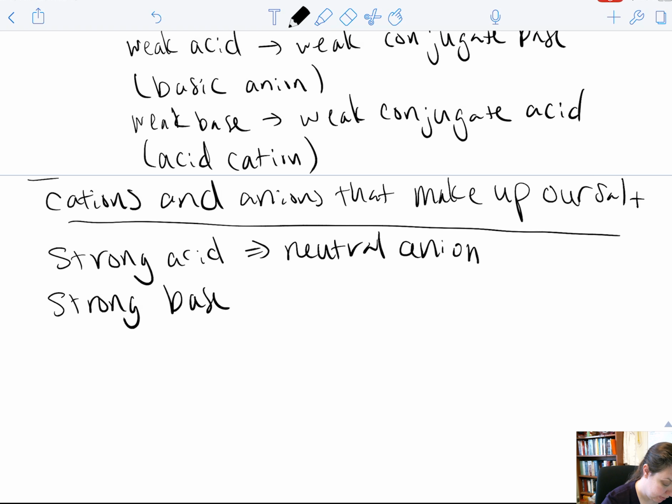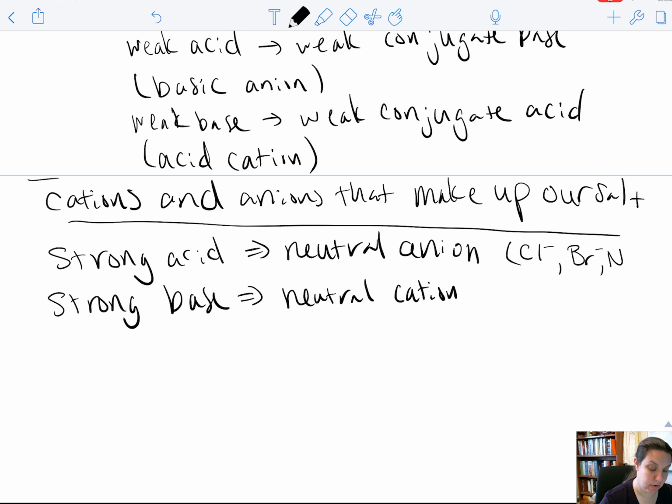Strong base, neutral cation. So, for instance, strong acid, something like Cl minus would be a neutral anion, or Br minus, or NO3 minus.